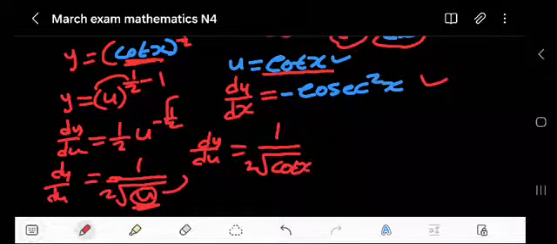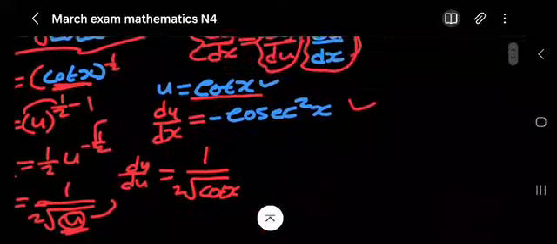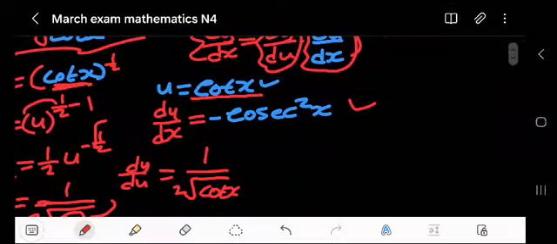Now we can multiply, because in the chain rule we have multiplication.